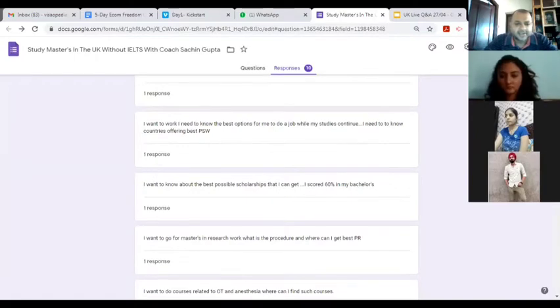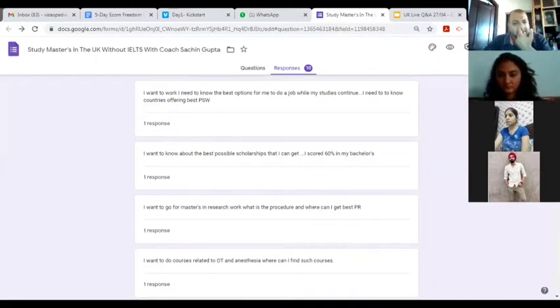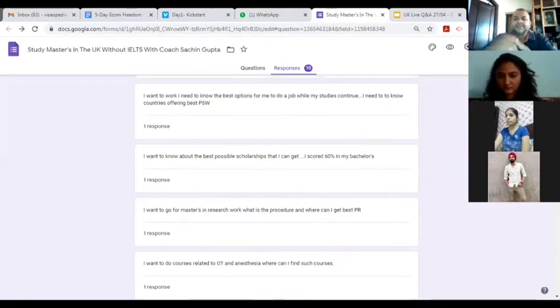Excellent. Okay. So I want to know about the best possible scholarship that I can get. I scored 60% in my bachelor's. In UK, the scholarships vary between £1,500 to £3,500 flat. They are offering you an upfront scholarship which varies from £1,500 to £3,500 depending upon the university you go to.